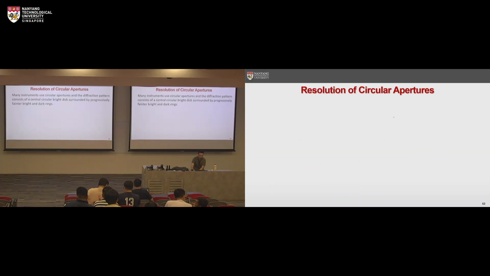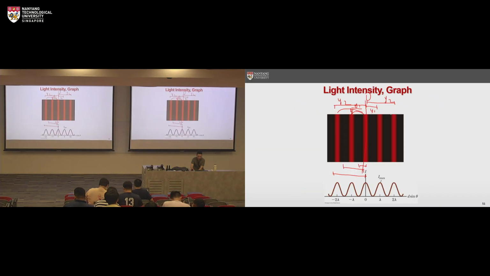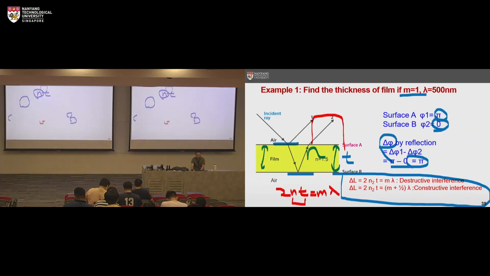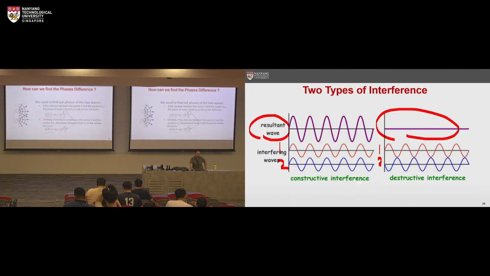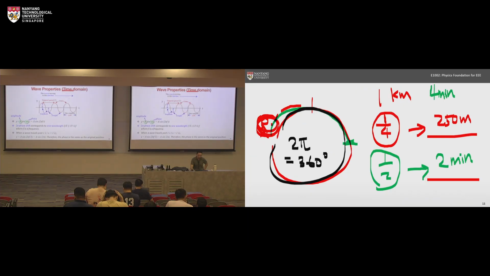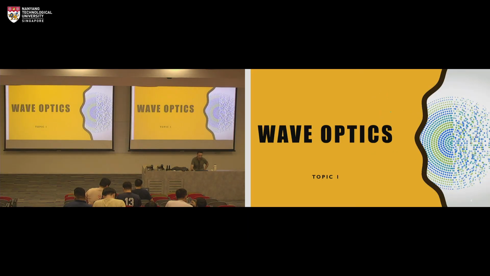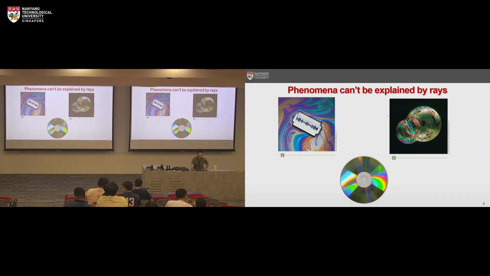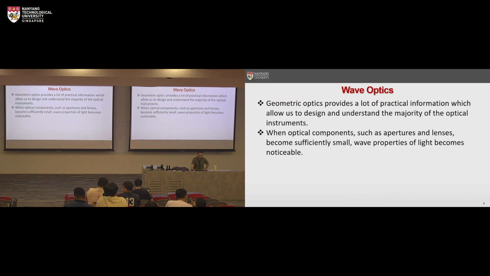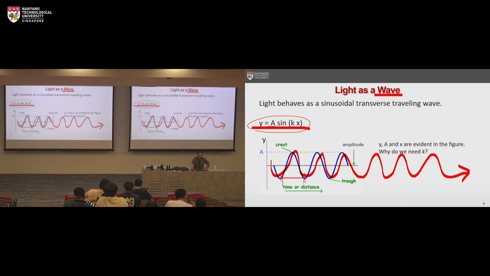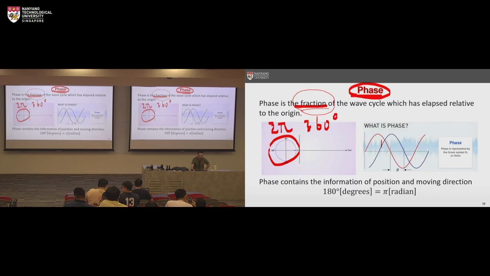So, a very quick summary. Today, chapter 3 is, I would say, one of the most challenging topics for most students. The first topic is wave optics, where on top of light, we want to introduce light as a wave. The parameter that we introduce is called phase.